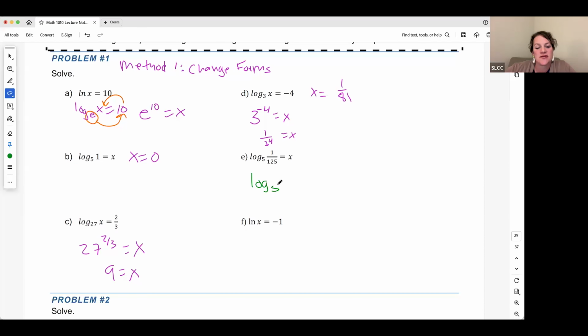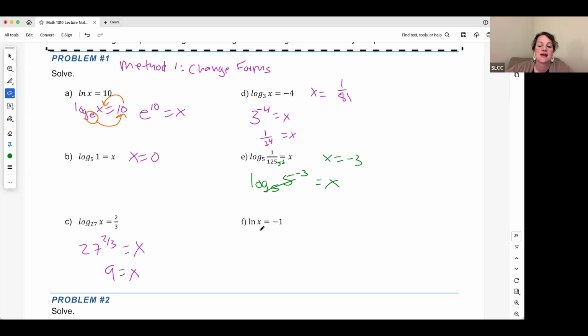So log base 5 of 5 to something equals x? Yes, you can. And then the log base 5 and the 5 will undo each other. So 125 is 5 cubed, and since it's in the denominator, I can move it up and say 5 to the negative 3, and then log base 5 of 5 undoes each other. Boom, x equals negative 3.